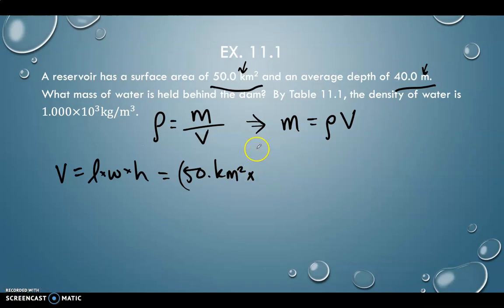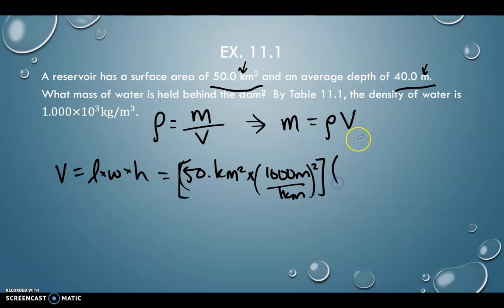This is going to have to be squared since we have kilometers squared. So we have 1,000 meters per kilometer, squared, and then times our depth, which is 40 meters. So we get our volume, and then we can find our mass.